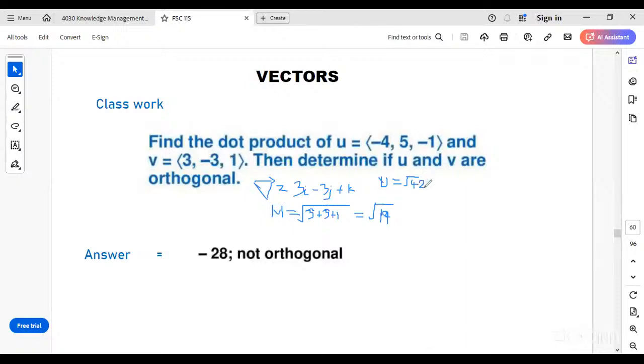Now, we have to find the dot product. Theta is not given to us.